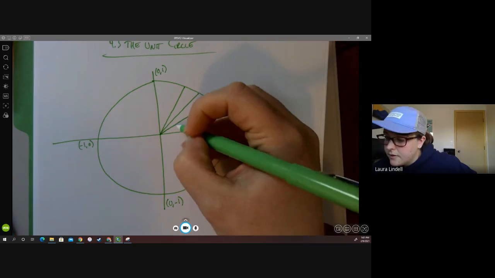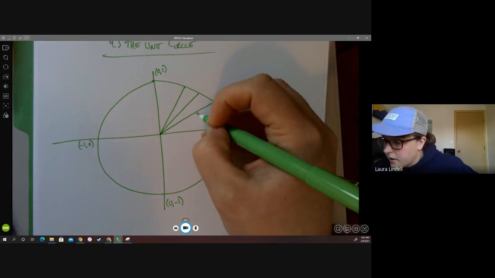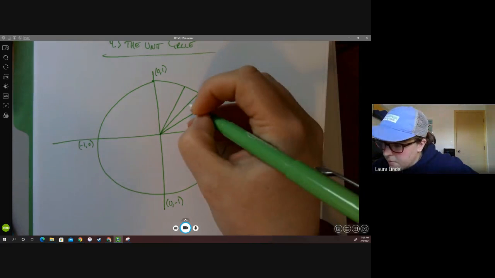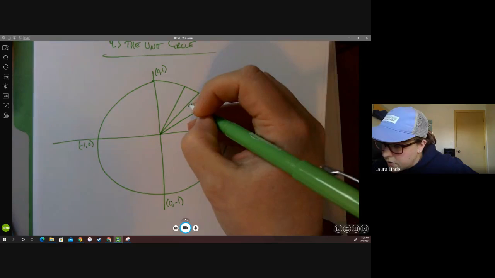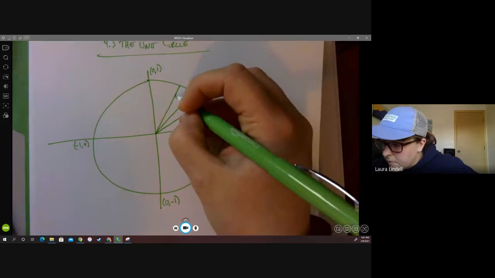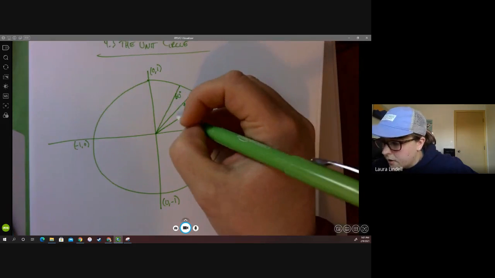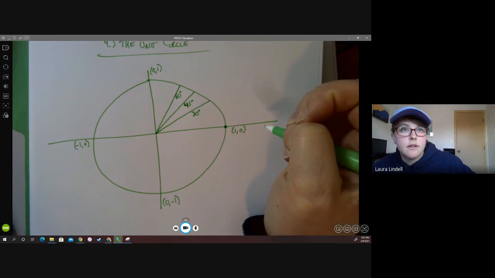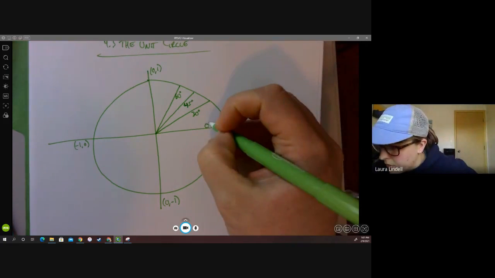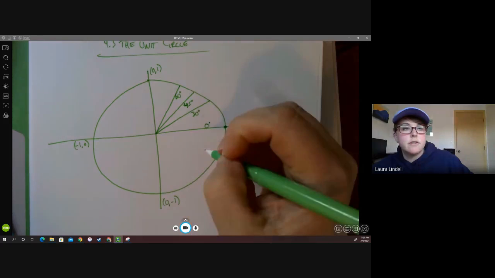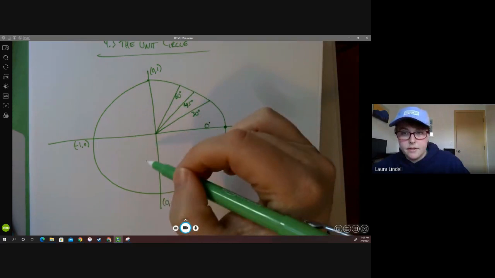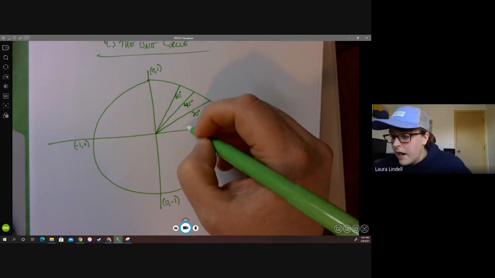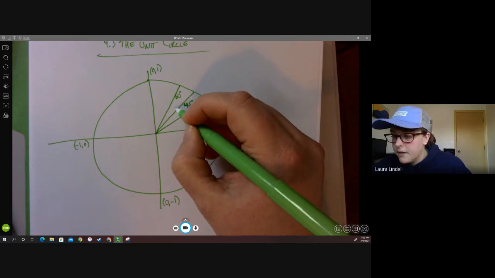This one is going to be a 30-degree angle, this one a 45-degree angle, and this one a 60-degree angle, going back to the positive x-axis. And this one is 0 degrees. We'll go through it in degrees first, and then we'll go through radians. The bigger gaps are going to be 30-degree gaps, and the smaller gaps are going to be 15-degree gaps.